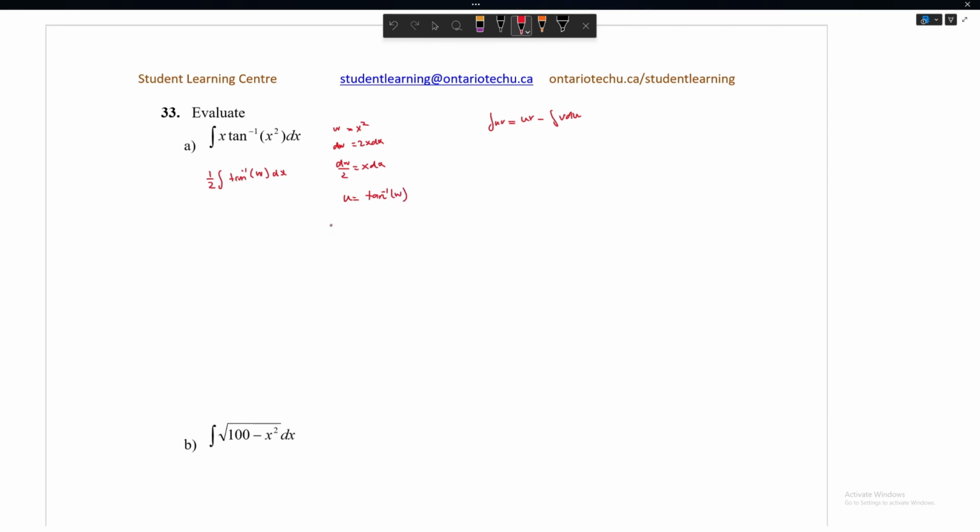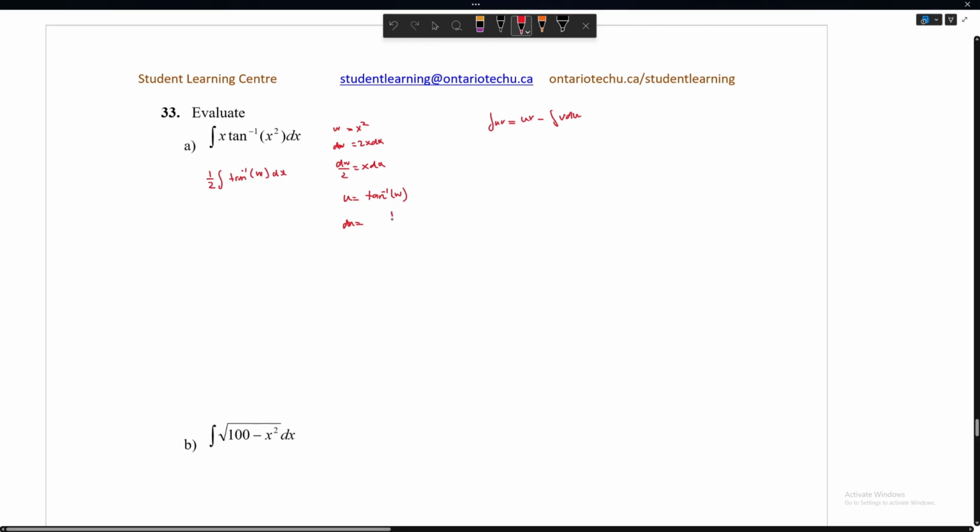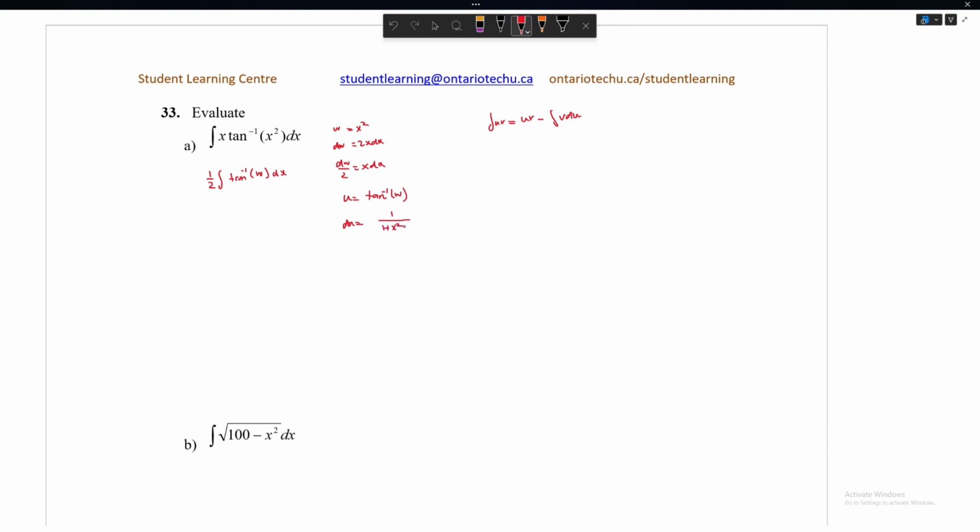Now my du, the derivative of tan inverse, I believe is on a formula sheet, so let me grab it. The derivative of tan inverse is 1 over 1 plus x squared. So that's my derivative. And now obviously my dv equals dw, and my v equals 1. When I integrate this, I just get 1. Or did I get w?